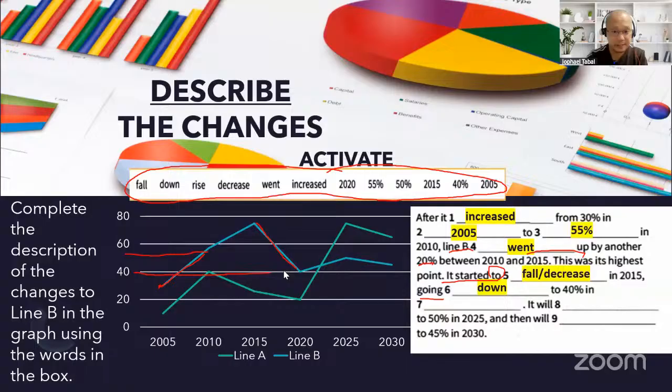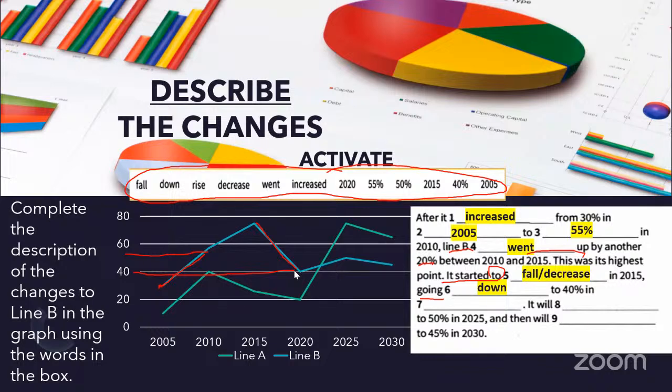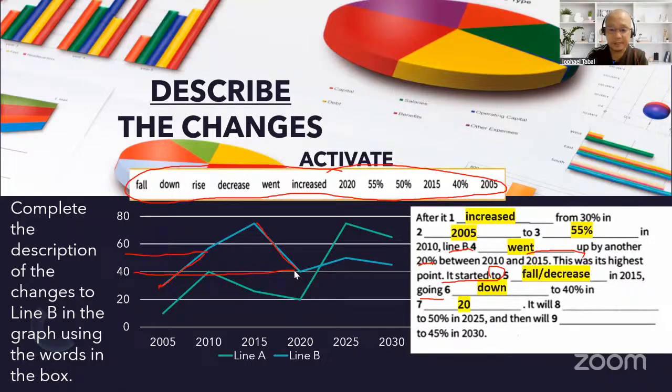So 40% is here, going down to 40%. How about number 7? Clara, what's your number 7? Number 7 should be going down to 40% in 2020. Very good. So there's 2020 here, going down.